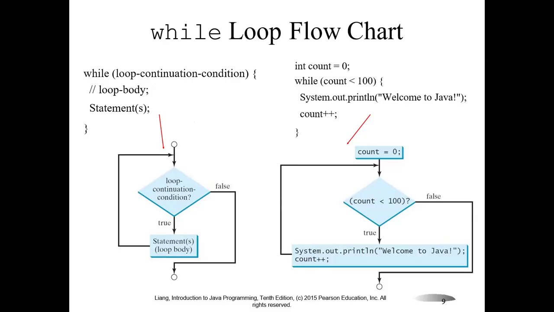After that, as long as the count is not over 100, we print "Welcome to Java". After each time we print such a sentence, we increase the count by 1. As long as the count is smaller than 100, we continue doing the same thing. Once the count becomes 100, the loop continuation condition is no longer satisfied, so we will jump out of this while loop.